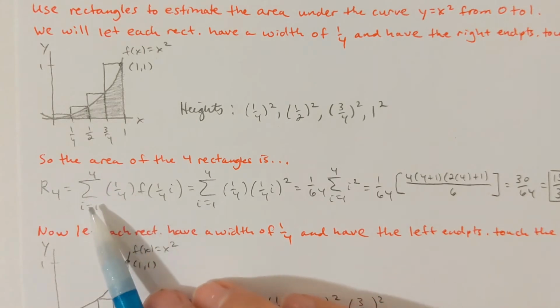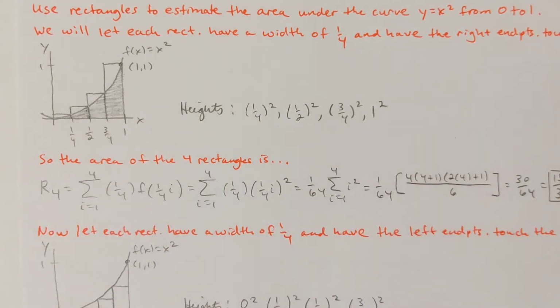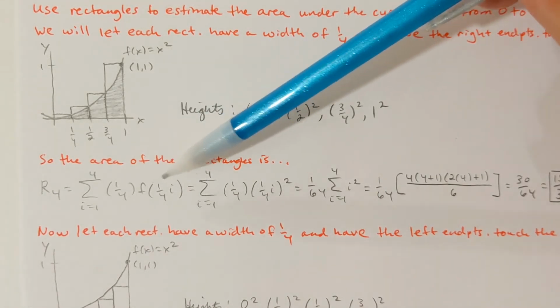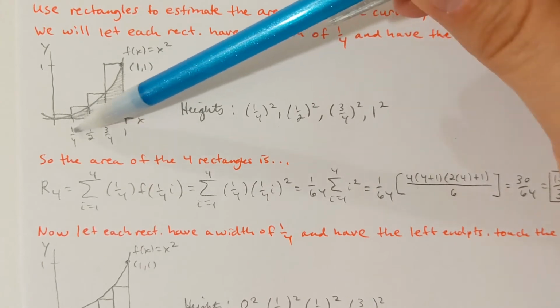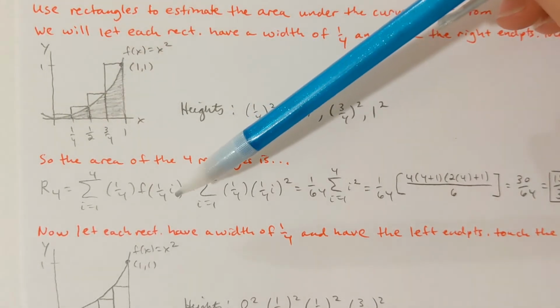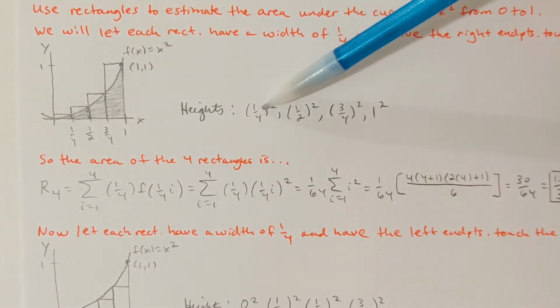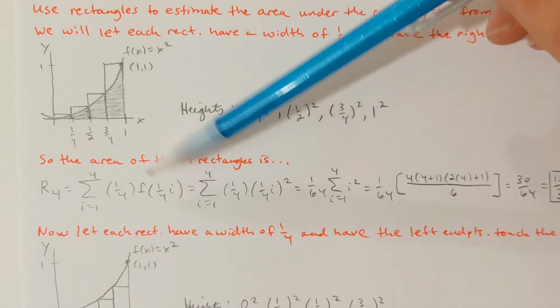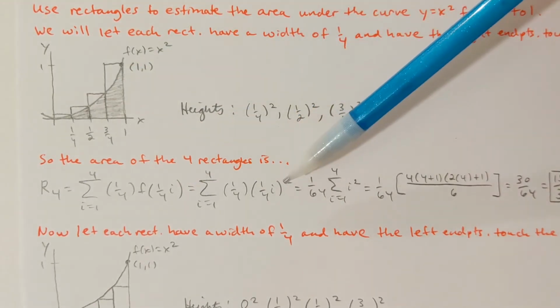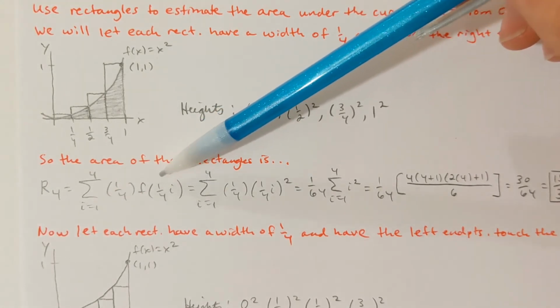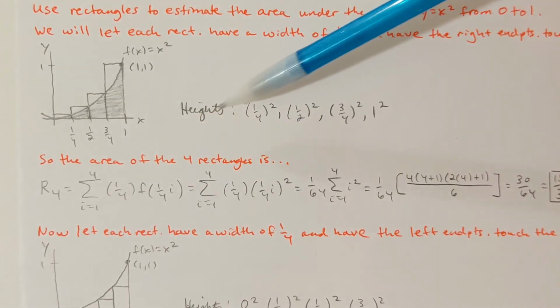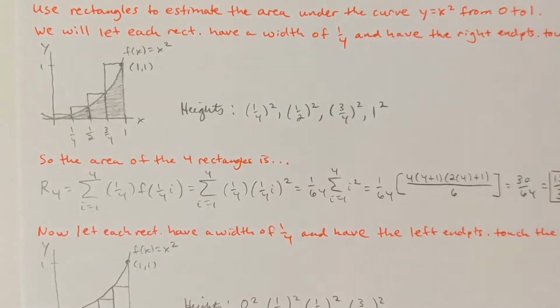Okay, using summation notation, which you'll be seeing in the book, the area of each rectangle is length times width. Now the width is 1/4, right? And the widths are all the same for each one of these. The height is just where I plug in increments of 1/4 into the function. Okay, the index is i, so f of 1/4 times i would get me the height of the ith rectangle.